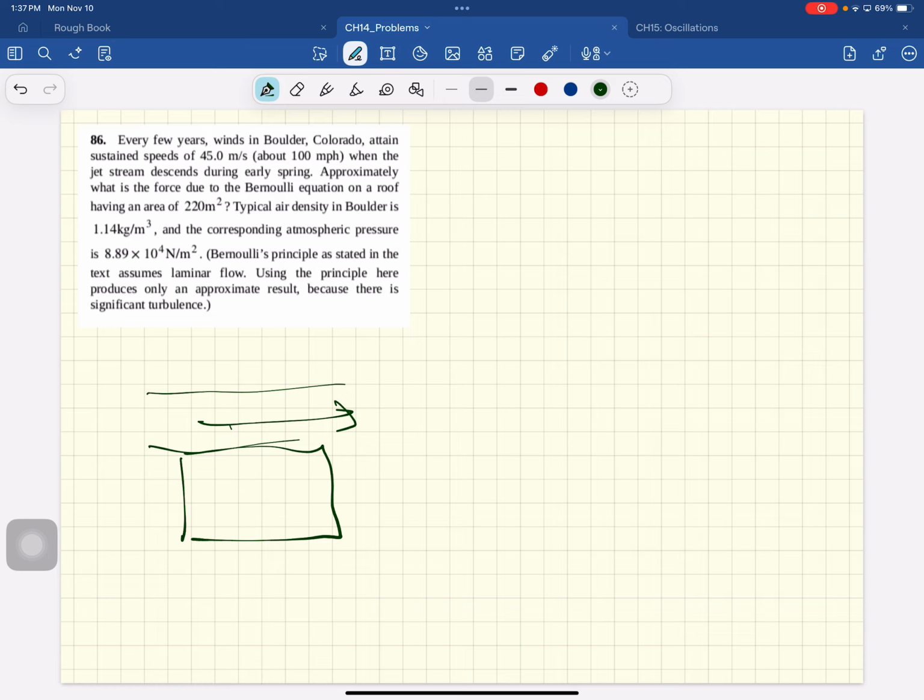If you look at Bernoulli's equation, this is pressure plus the potential energy term, which is constant.